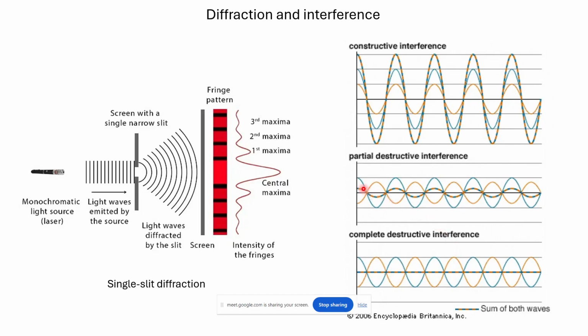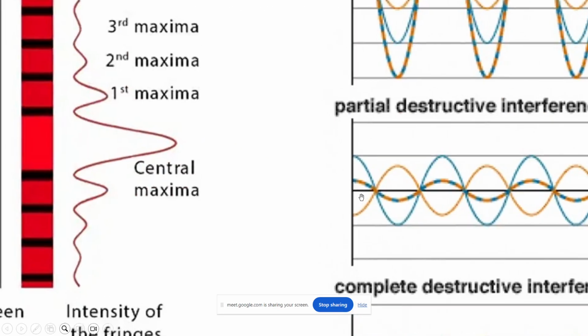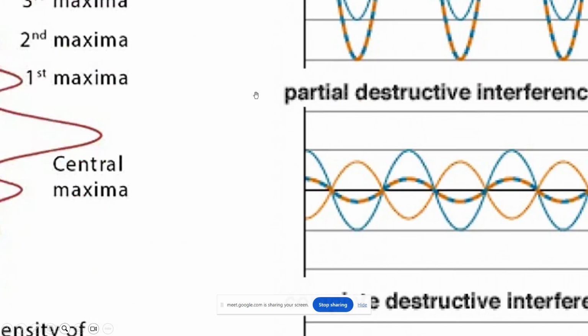And there will be the partial destructive interference, where there is not a complete phase change. As you can see, the orange one starts from here and the blue one starts from here. So these two are starting from opposite points, but the amplitude of the blue one is much higher as compared to the orange one. Let me zoom in.